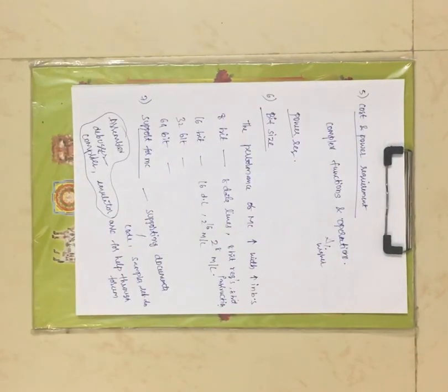Now coming to the fifth important factor, your cost and power requirement, right? If you are going to implement the largest application, you will use a 64-bit microcontroller, and the cost of it is also high. If you are implementing a basic application that requires a basic microcontroller, that is 8051, its cost is less.